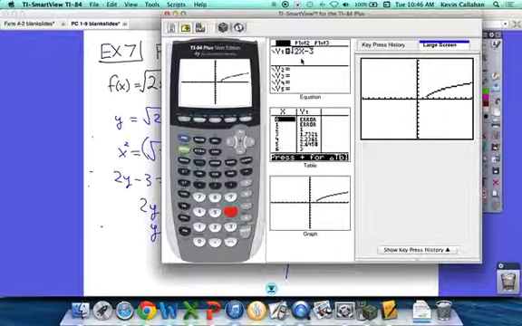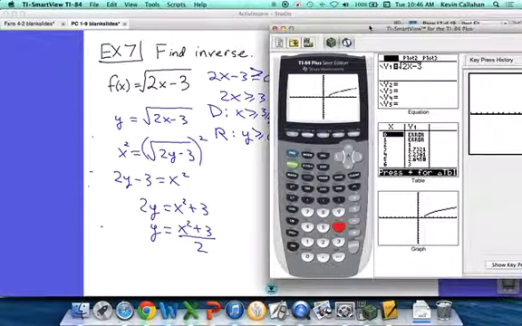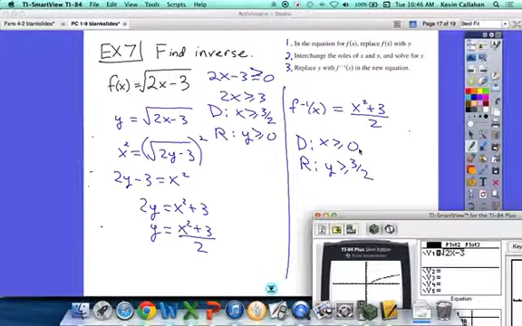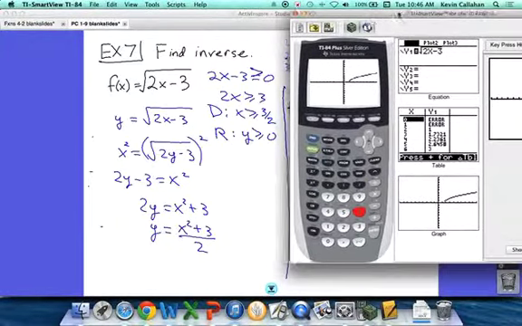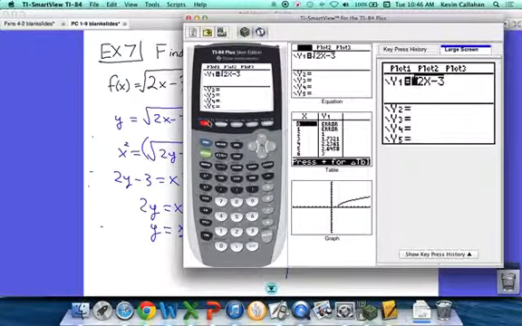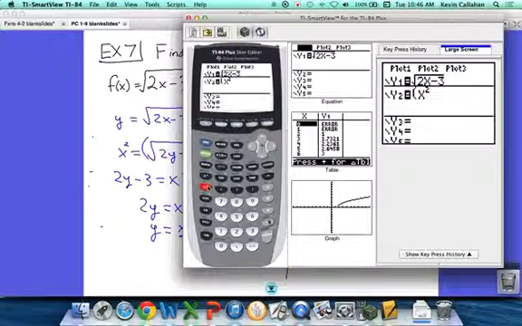Okay. Now we're going to put in the inverse, and that is that function right there, x squared plus 3 over 2. But remember, now I got to limit the domain. The domain is going to be x is greater than or equal to 0. So I'm going to do that using the parentheses and all that. On this second line, go down, parentheses, x squared plus 3, and that's not good.